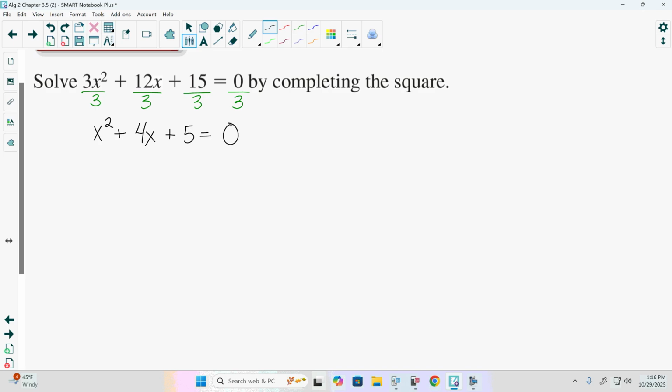So we get x squared plus 4x plus 5. Questions on this so far?